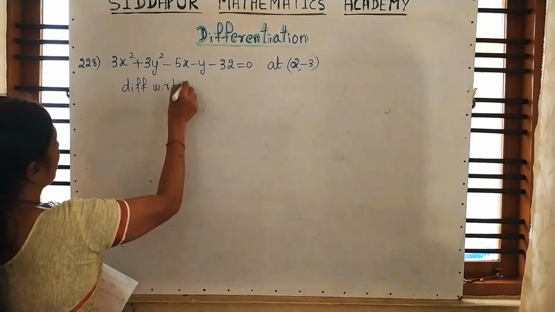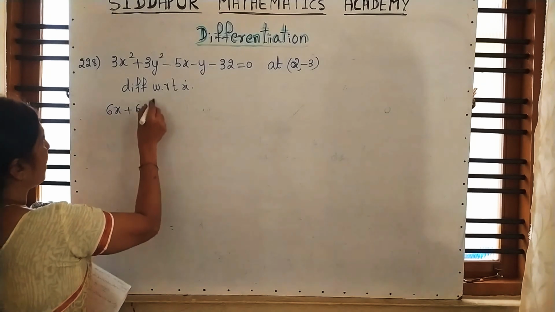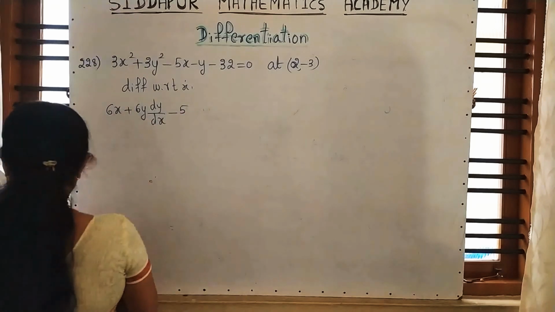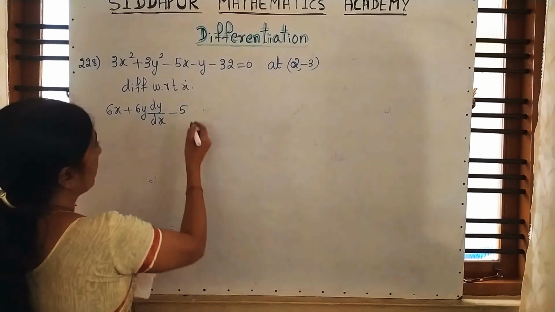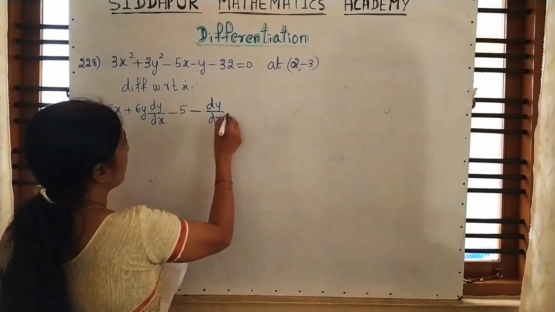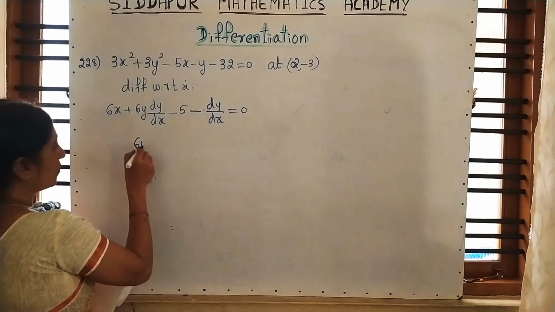Differentiating with respect to x, this is 6x plus 6y dy/dx minus 5. Differentiation of x is 1, minus differentiation of y is dy/dx, equal to 0, because differentiation of 32 is 0.